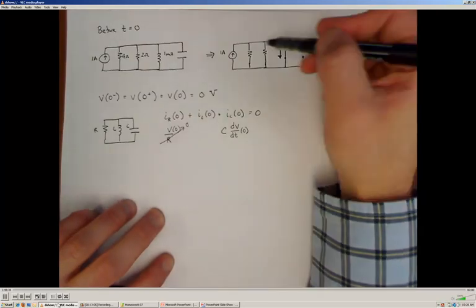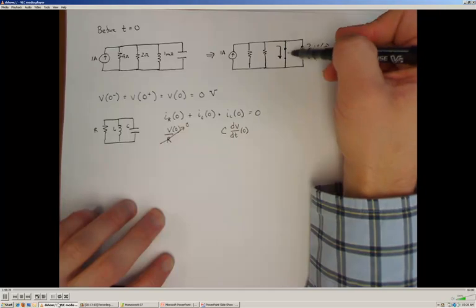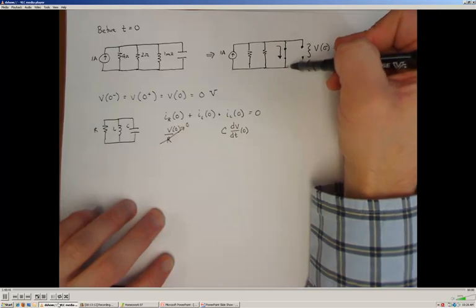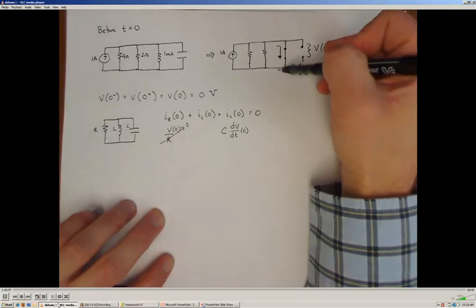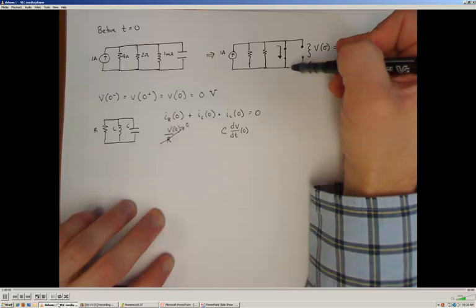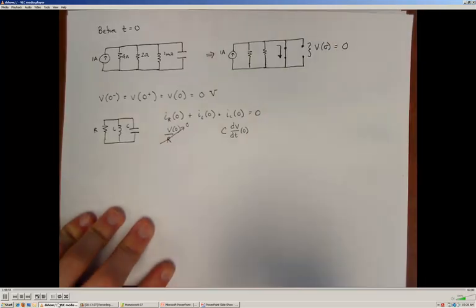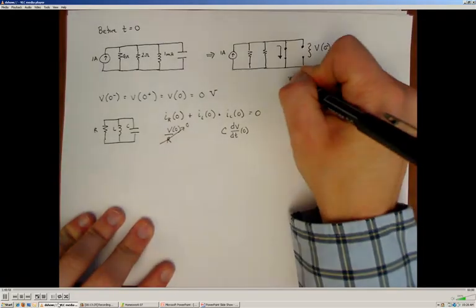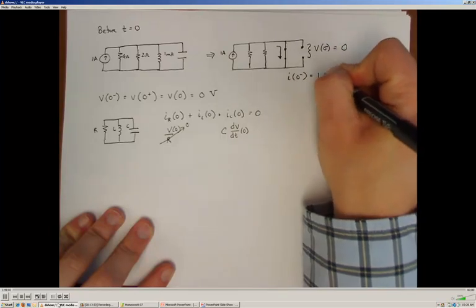Just before the switch opens, the magnetic field of the inductor is fully established, and we saw before that all of the current had to be passing through that inductive element. Knowing from the properties of inductors that the current through an inductor cannot change instantaneously, I at time 0 minus, just before we open the switch, has to be equal to 1 amp.